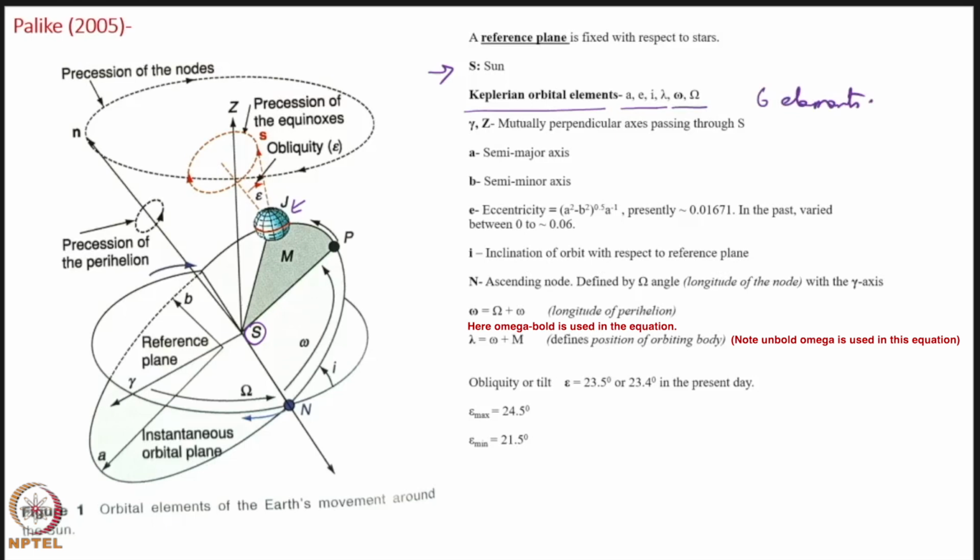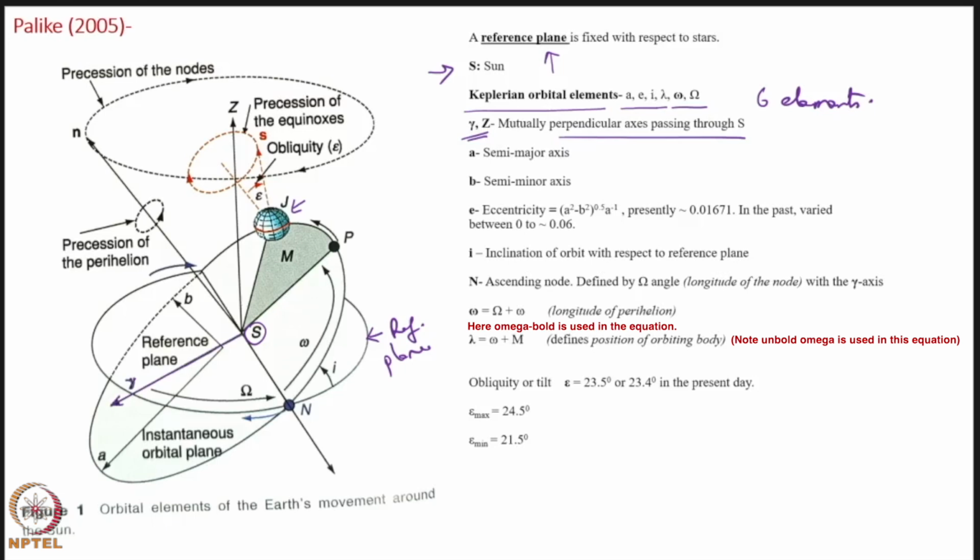A reference plane is fixed with respect to stars. This is the reference plane. Gamma and Z are the mutually perpendicular axes passing through S. Passing through Sun, there are two axes considered, gamma and Z.